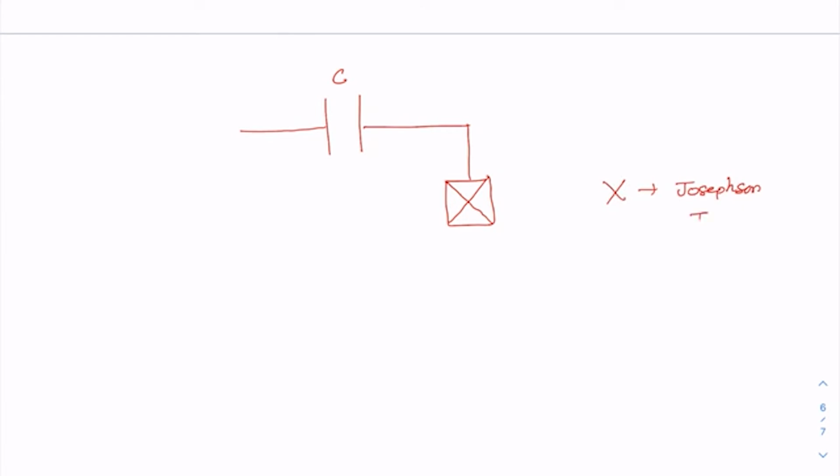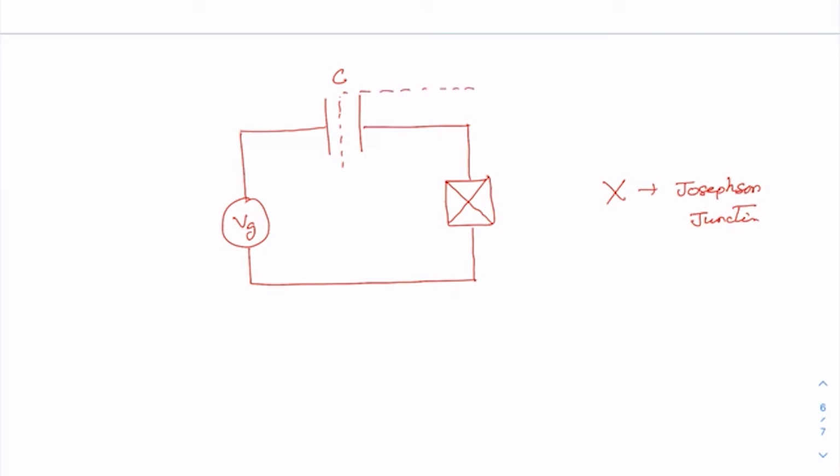Then you have this gate voltage, and you connect it to the Josephson junction, and the island is formed by the superconducting electrode. Let me show it by this dotted line here.